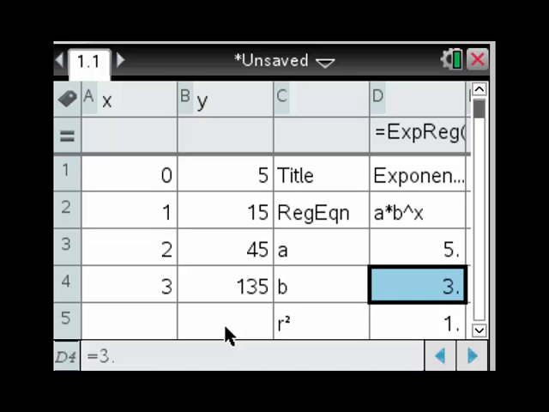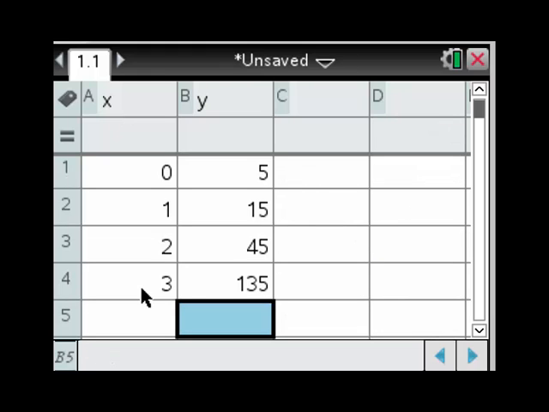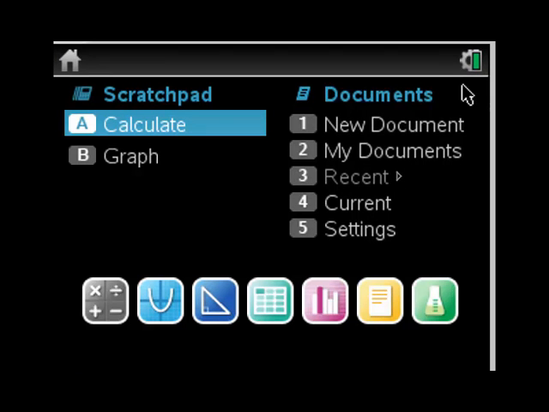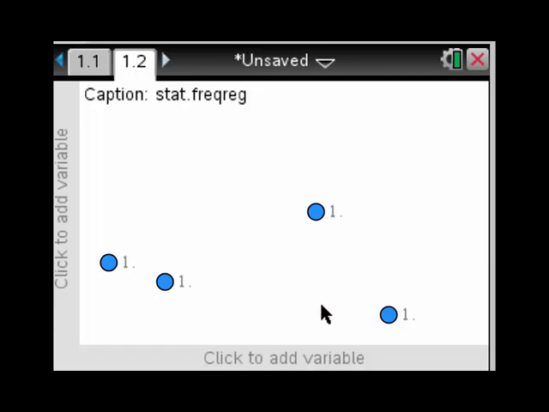Now, remember there's another way to do this. So let me undo these. If you only want to do x and y in your calculator, another way to find the regression would be to go home, do not hit New Document because that will wipe out your data. Go down to the one that looks like a bar graph.